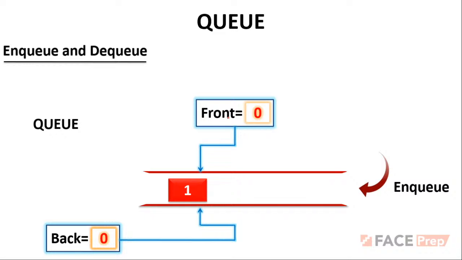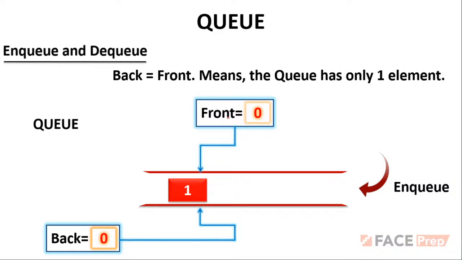Next, when I am trying to insert my first element inside my queue, the value of back will be incremented by 1 as well as front will be incremented by 1, so the back and front values are 0. When the value of back and front are equal, we can say that the queue has exactly one element.